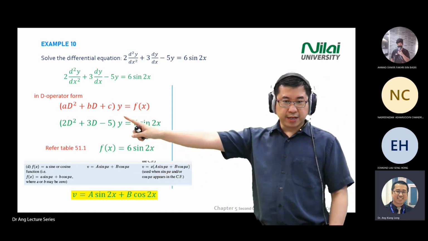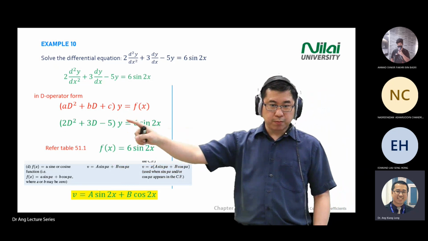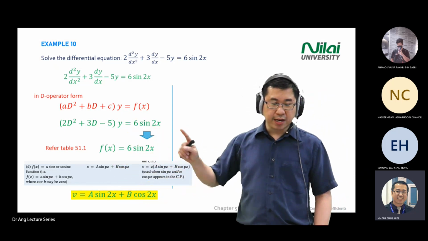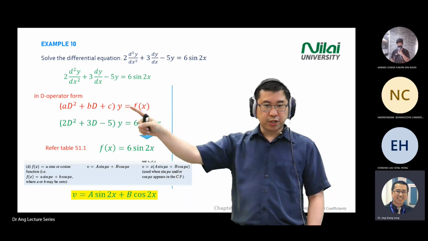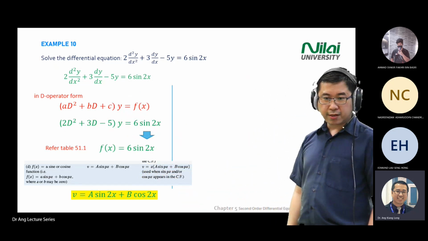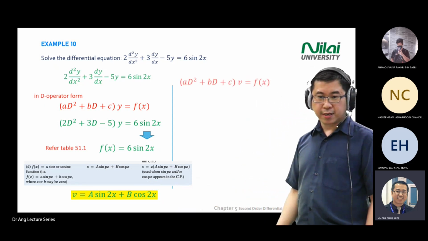You convert this equation, the y become v. Substitute your y with this side. And then you do differentiation, double differentiation on this one. I'm not going deep into how to do differentiation on this one.